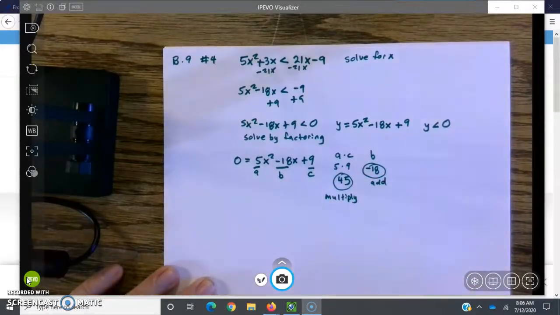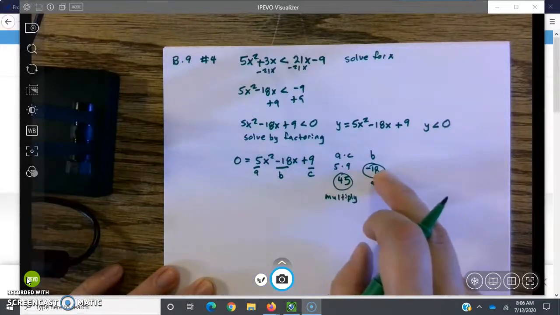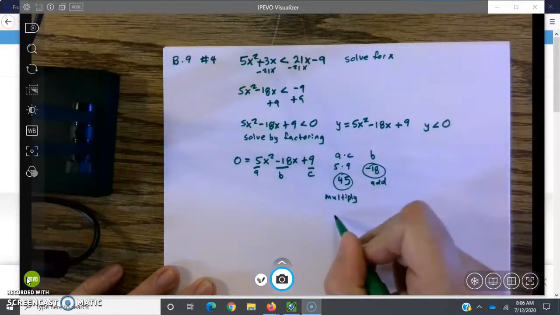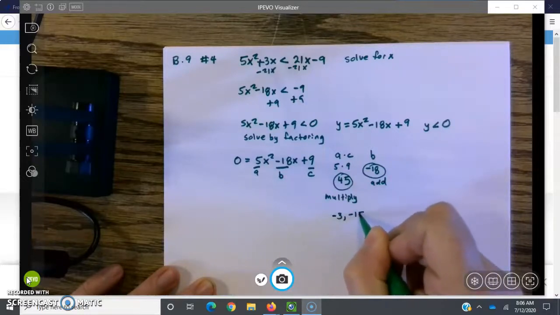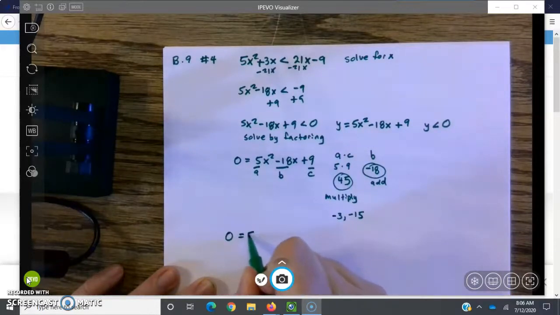But I happen to know that 45 is 3 times 15. So 3 plus 15 is 18. So if those were both negative, we could end up with a positive 45 and a negative 18. All right, so our two numbers that we were looking for are negative 3 and negative 15. So now those go back into our equation and we do grouping.